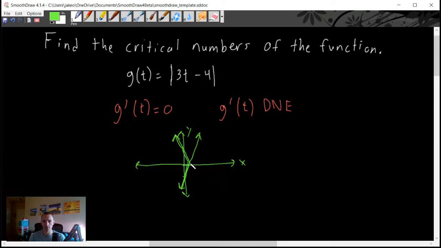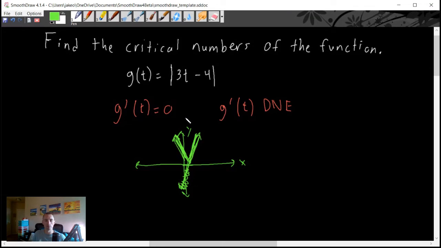So essentially we just have this V function here, and now this would be gone. Anything that's above the x-axis before is going to remain unchanged, but anything that had a negative y value just becomes positive. So that's what this function is going to look like.